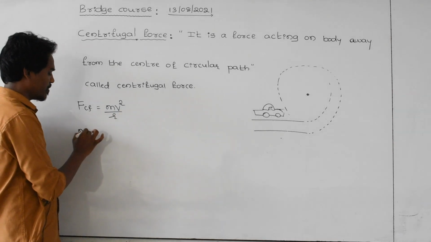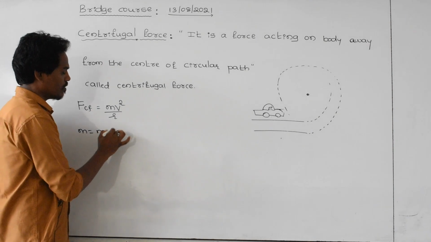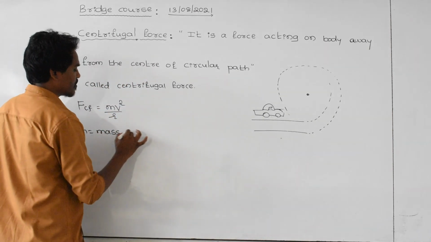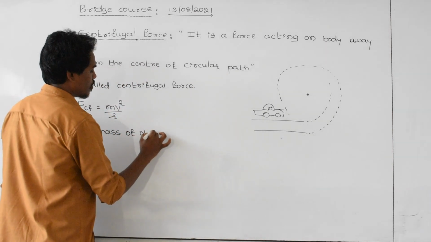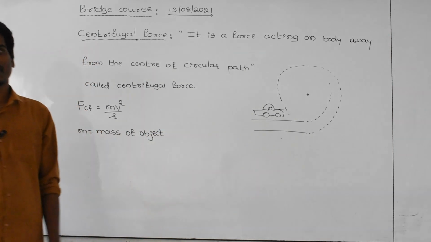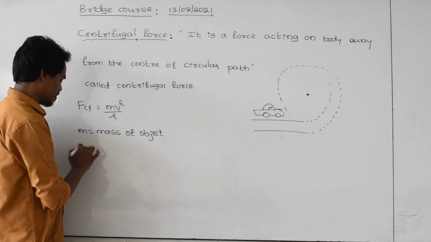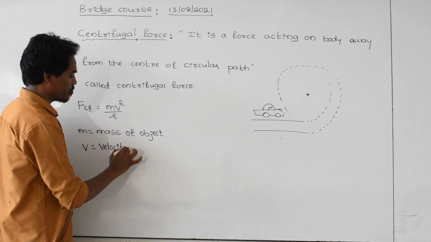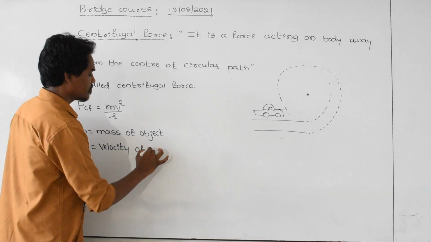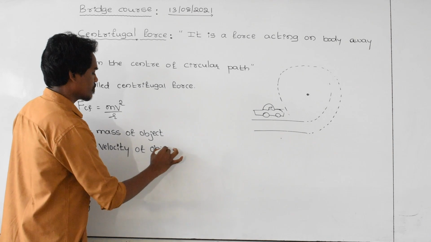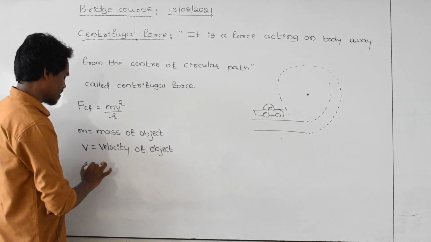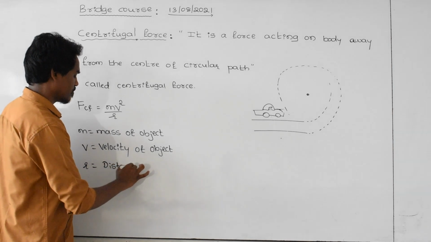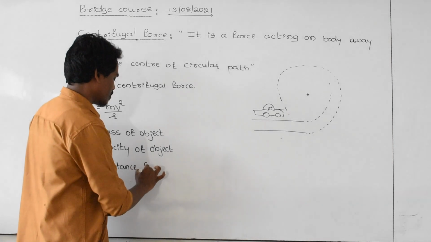Here m is the mass of the object, meaning the passenger sitting inside. v is the velocity of the person or object, meaning the speed at which the body is moving. And r is the distance from the center of the circular path.